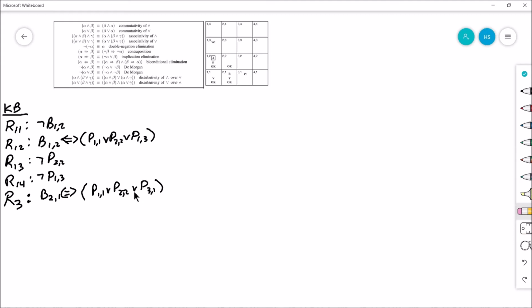If we apply the biconditional elimination rule to that sentence, then that would transform that sentence into B21 implies a pit in P11 or P22 or P31, right?